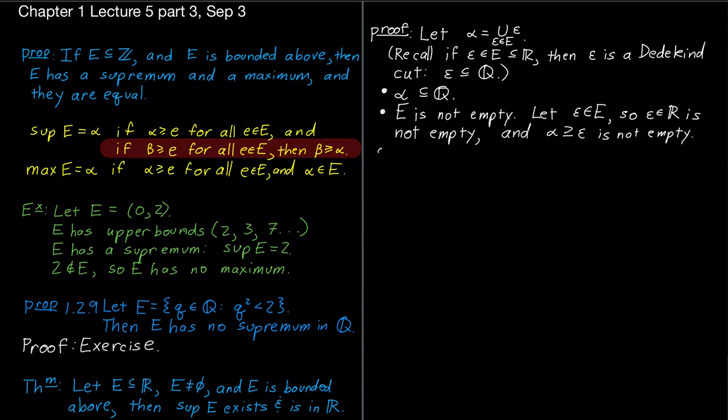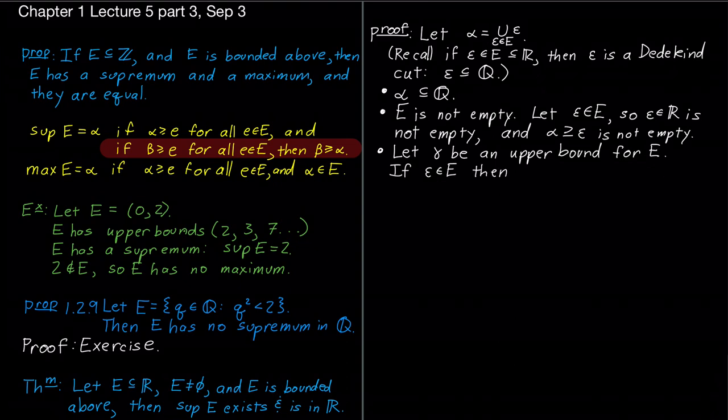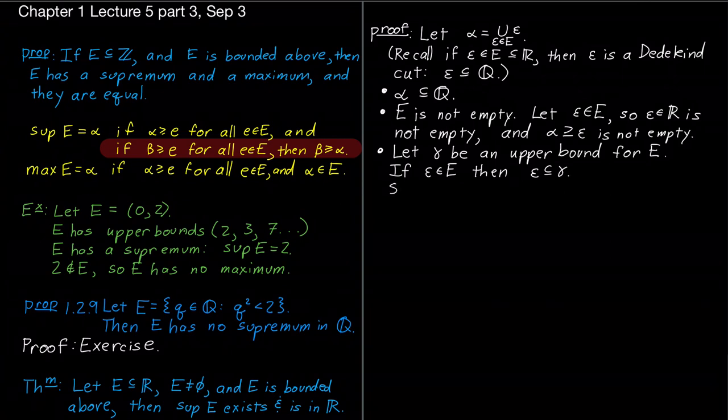So we're going through our Dedekind cut axioms. Let's let gamma be an upper bound for E. That means if epsilon is in E, then epsilon is a subset of gamma.